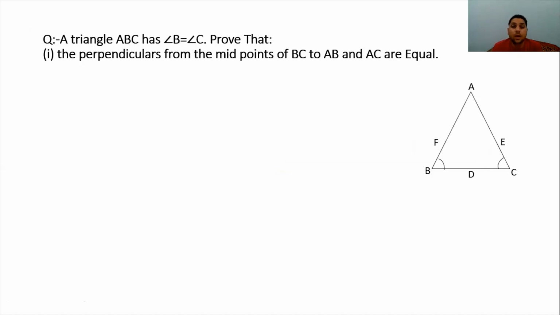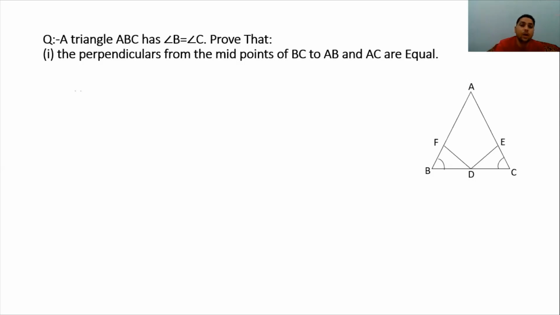Then we have to prove that the perpendiculars from the midpoint of BC, where D is the midpoint of side BC, drawn from D to side AB and also from D to side AC, are equal.